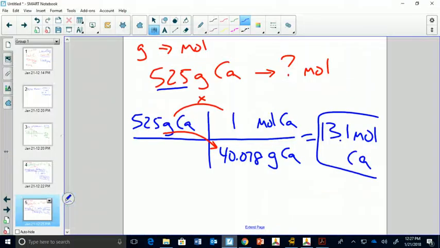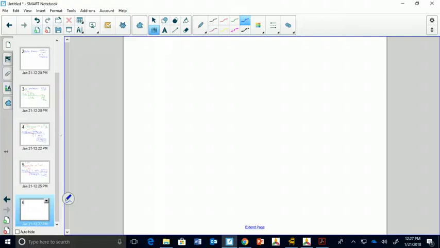The last piece that your chapter 10.2 shows is that we can use this conversion along with the one we've already used before. So we can go from grams to atoms. And we just have to use both of these conversion tools that we've used so far to make this conversion. So I'm on example 4 on page 330.